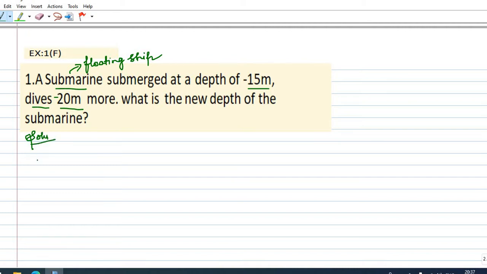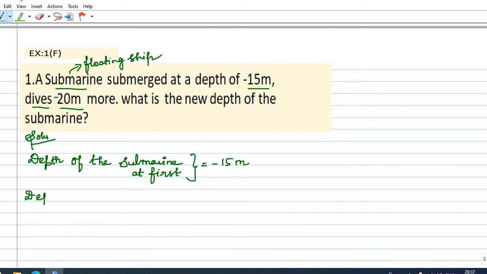Depth of the submarine at first is equal to minus 15 meter.